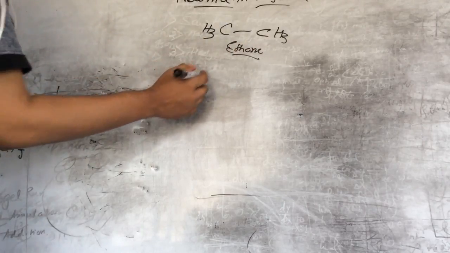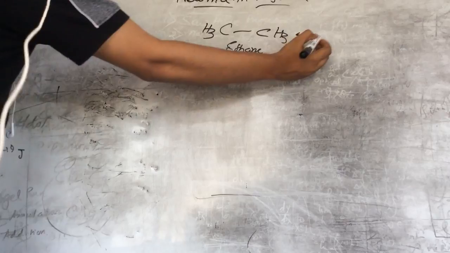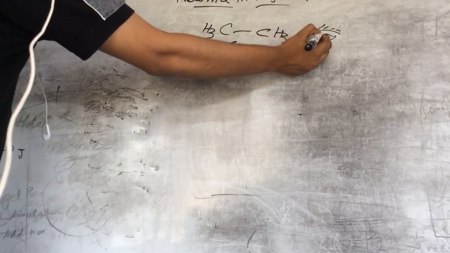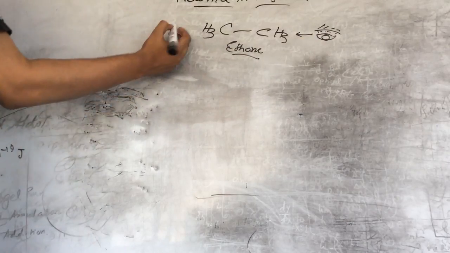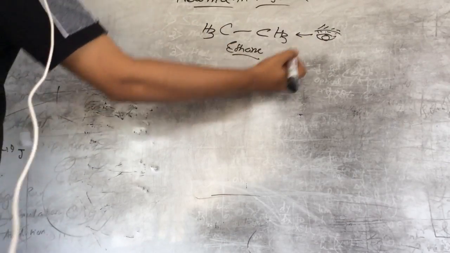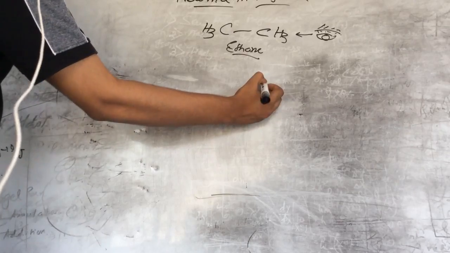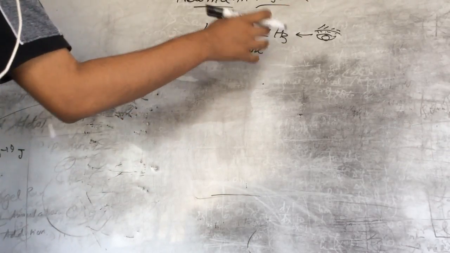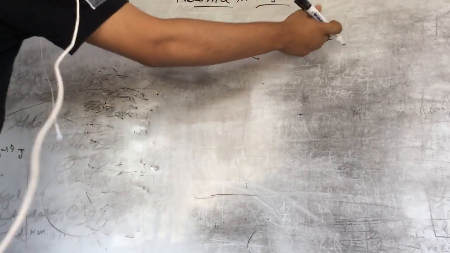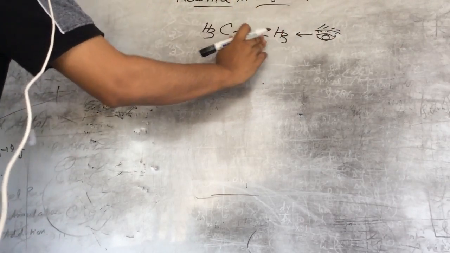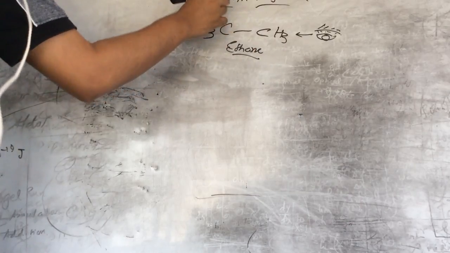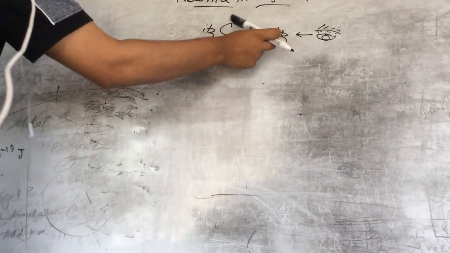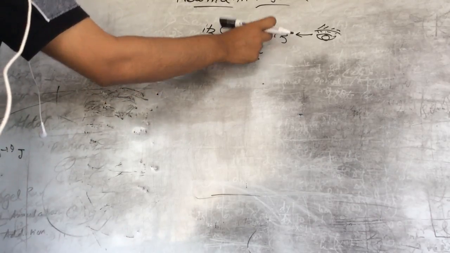It is called the frontal view, that is you are viewing it from this side and this carbon appears on the front, and behind you see this carbon which we represent as a circle.